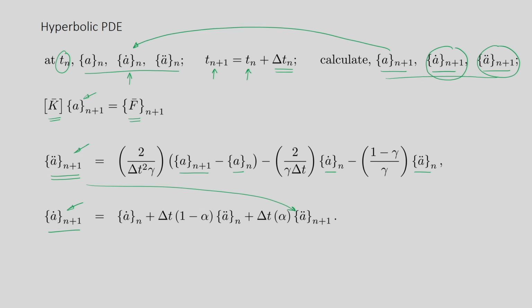Now, the question is, in order to start the problem, we have to start from time instant t equal to 0, or say t equal to t naught. So, if I start at t equal to t naught, I need to know the displacement, the velocity, and the acceleration at t equal to t naught. Now, the displacement and velocity I can obtain from the initial condition, because I know how it is displaced initially, I know how the velocity varies in the domain.